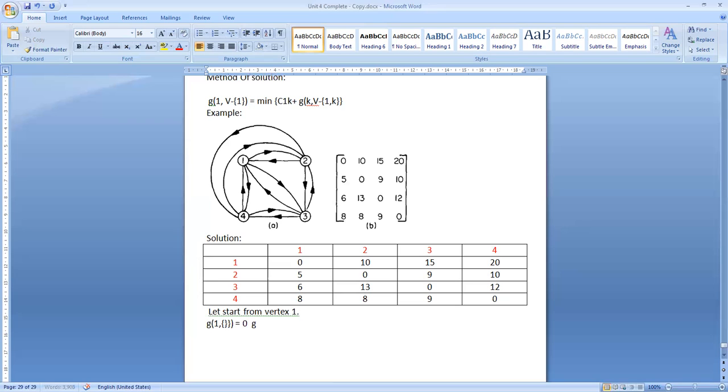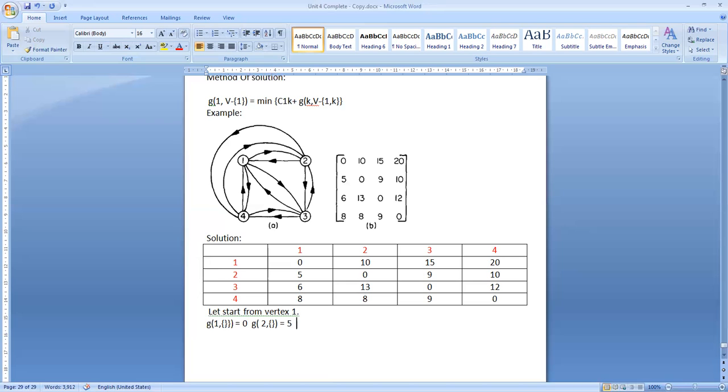Similarly, g of 2 comma phi. What does it mean? Start from vertex 2, visit none of the vertices and come back to vertex 1. That is nothing but the edge between 2 and 1. What is the value here? 5. So g of 2 comma null is 5.